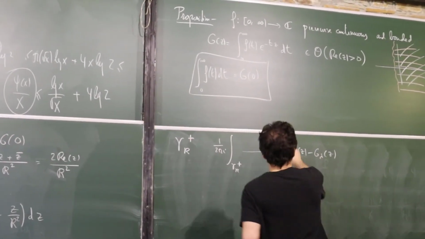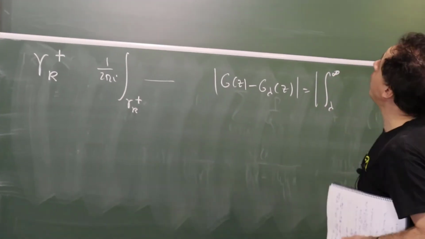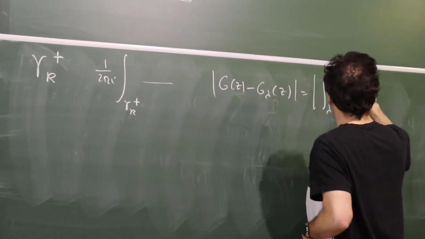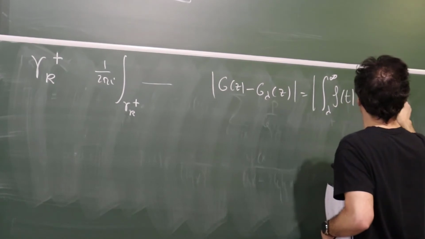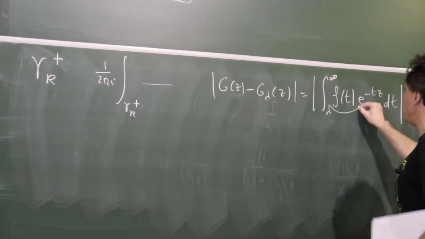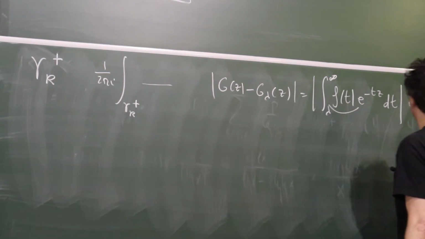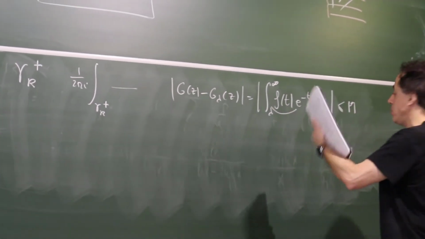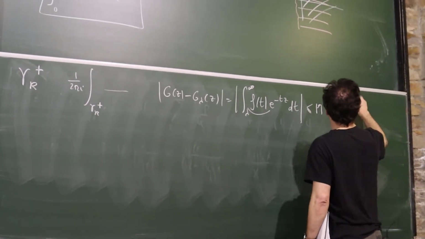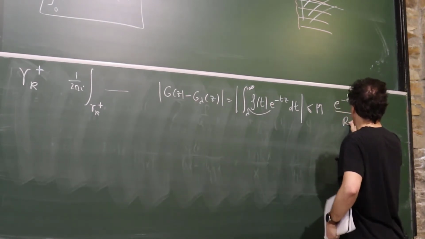So this would be the integral from lambda to infinity of f of t e to the minus zt dt, and this can be bounded because we are assuming that the function small f is bounded, and this integral also can be bounded, so this is over the real part of z.